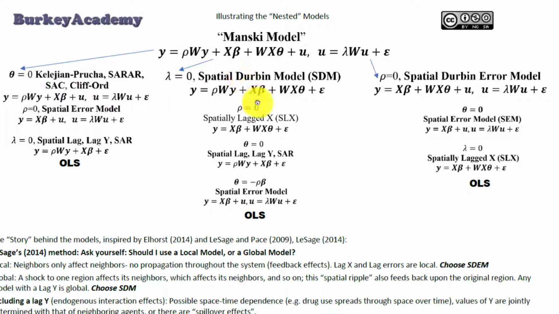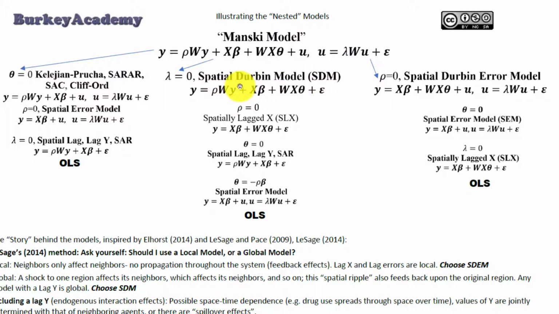And he says that you should really start either with the Spatial Durbin model or the Spatial Durbin Error model. And which of these two you use is going to depend on whether you think your data generating process, whether you think the relationships in your model are local, in which case use a Spatial Durbin Error model, or are they global, in which case use a Spatial Durbin model.